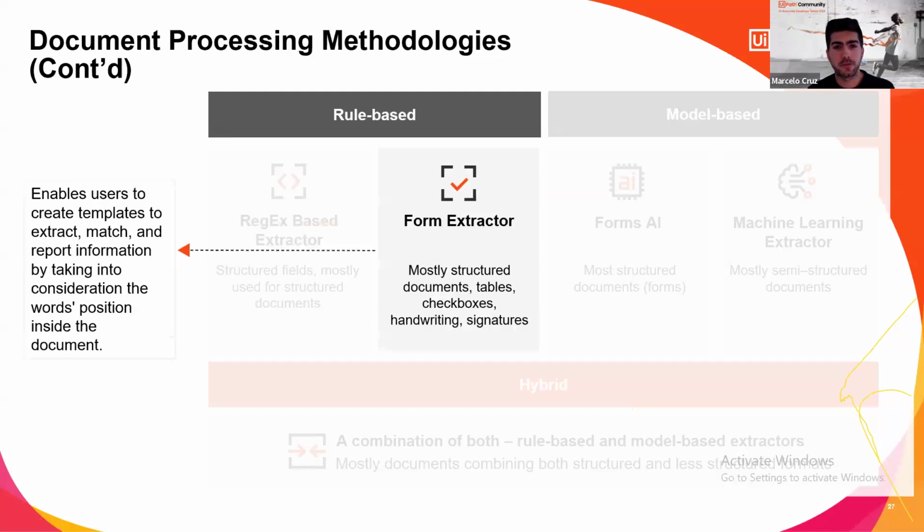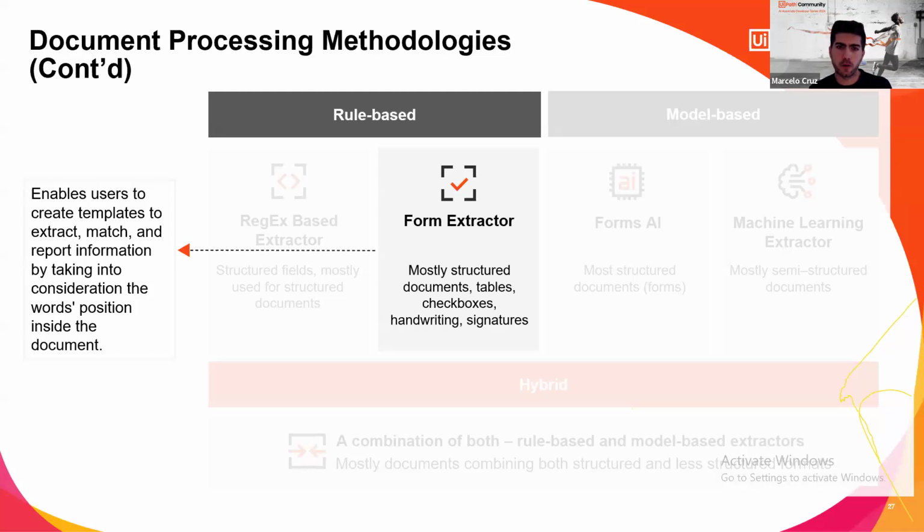Then we have also the form extractor, which is also a rule-based extractor. We can use it to extract data from documents like forms that most of the time have a fixed format. It is based on the position of the data. So basically, we have to indicate in the document where the data that we want to extract is.